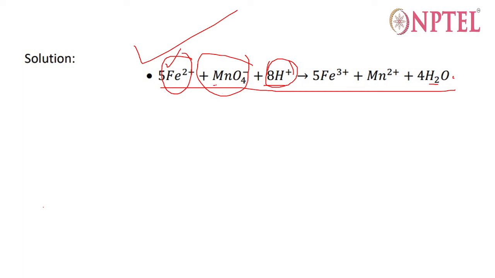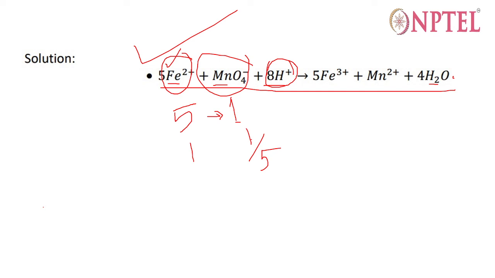For 5 moles, it was needed 1 mole. For 1 mole, how much will be needed? 1 by 5. Very easy unitary method.